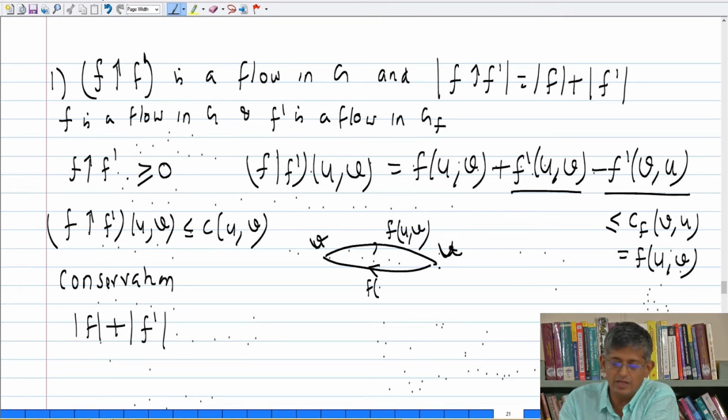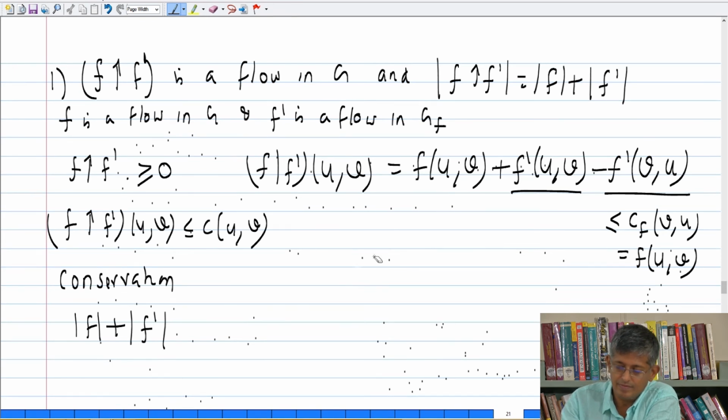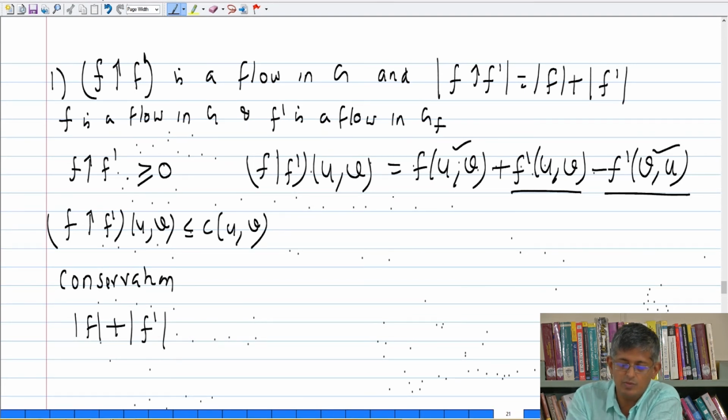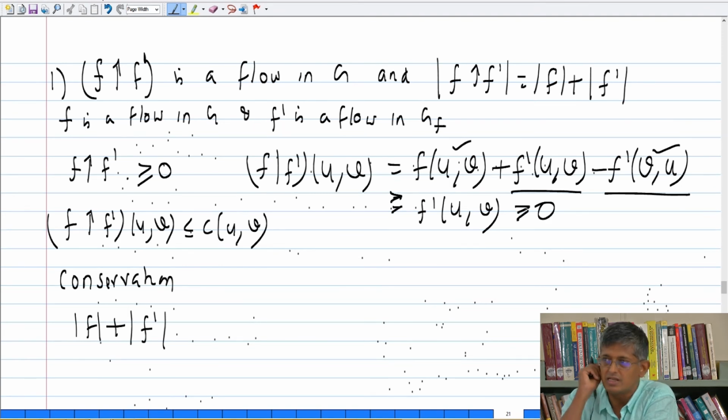These two would cancel, right. So therefore these two terms would cancel, and this would be greater than or equal to f prime of u comma v, and this is greater than or equal to 0 because that was a positive value on the flow.